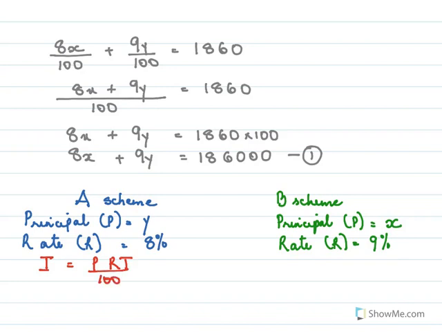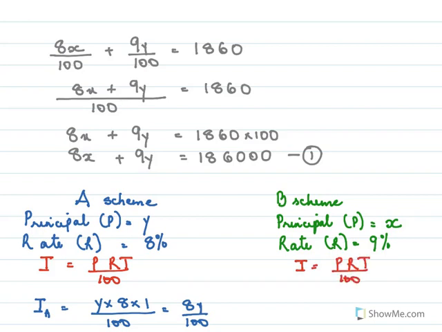Interest A, our principal is y, rate is 8, time is 1, over 100, which is 8y over 100. And for interest B, principal is x, the rate is 9, time 1, over 100, and that is 9x over 100.